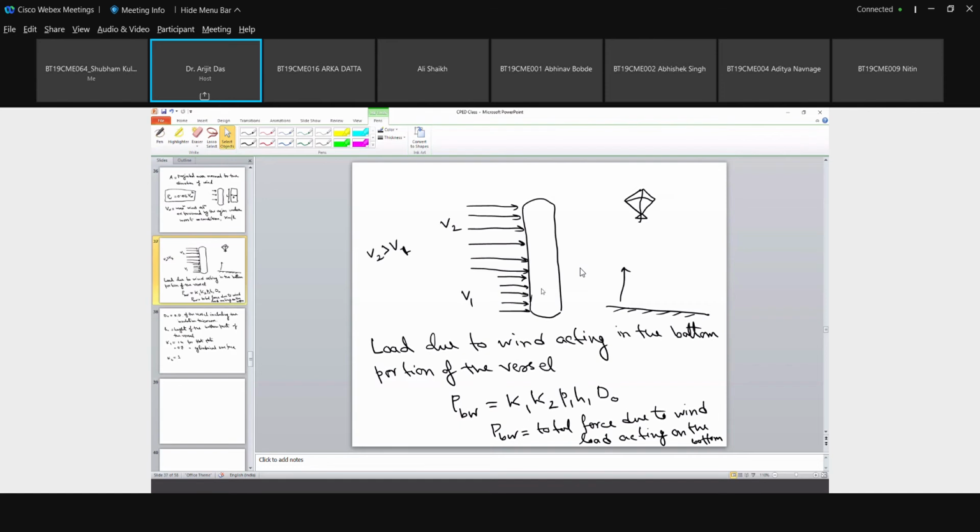Up to this is the height H1, and up to this is the height H2, and the total height is H. So capital H equals H1 plus H2.